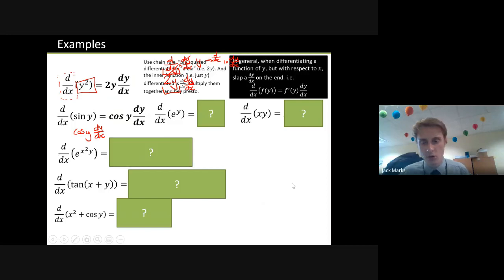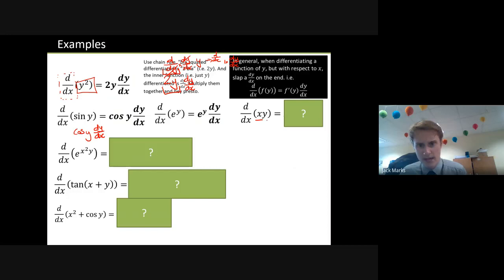Just before I talk about the rest of them here on the screen, I want you to have a think about what you would do. So the essential idea is differentiate as you would want to, but if at any point you are differentiating y's or functions of y, you must have that dy dx on the end to create a chain rule. So e^y is e^y, but with dy dx.